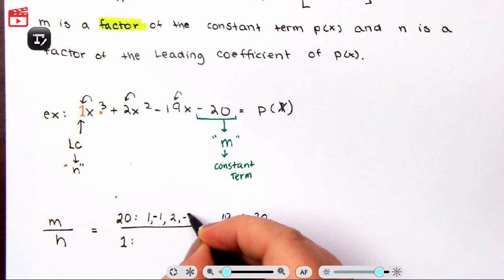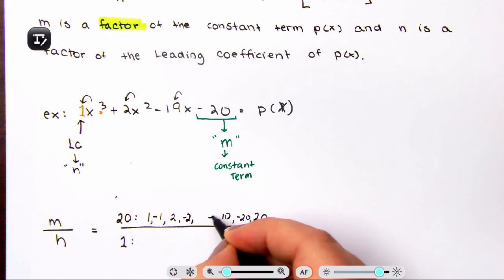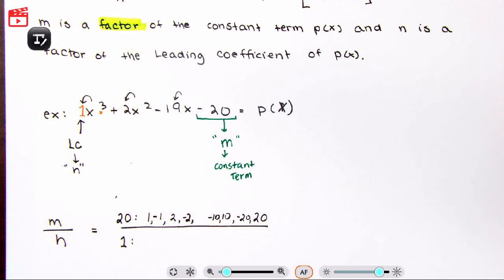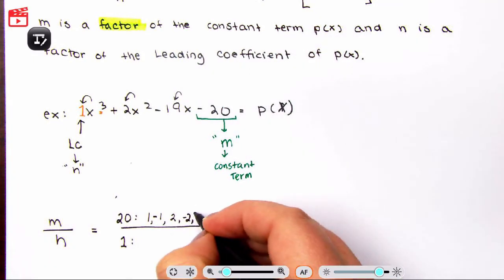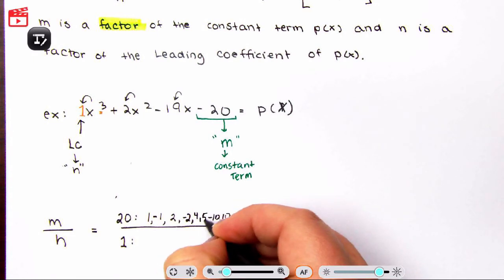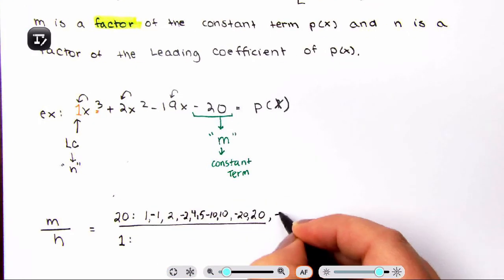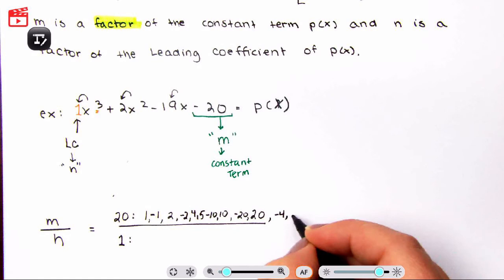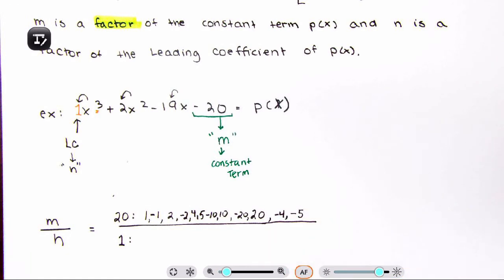I also know that negative 2 goes in there because negative 2 times negative 10 is 20. I know that 4 goes in there, 4 times 5 is 20. I'm running out of room, so I'm going to write it here. And I also know that negative 4 goes in there because negative 4 times negative 5 is 20. And that's about it.